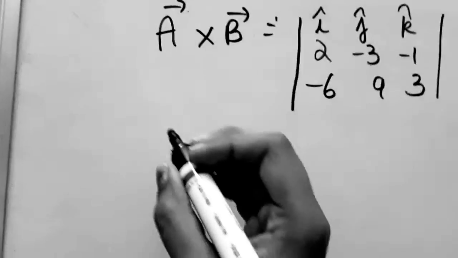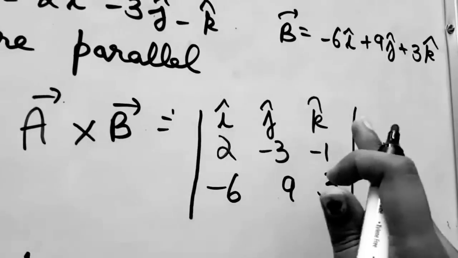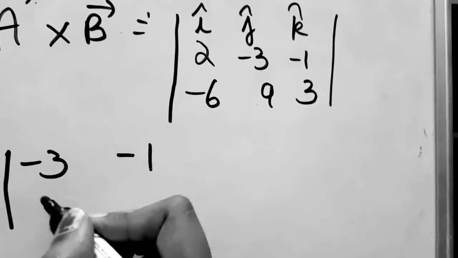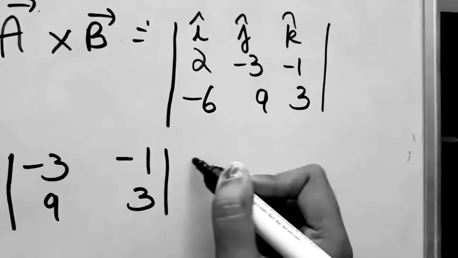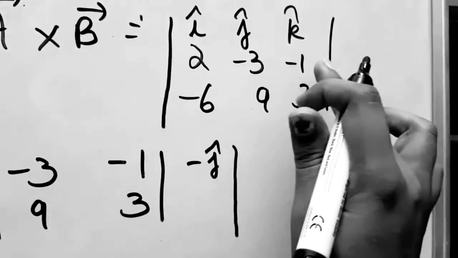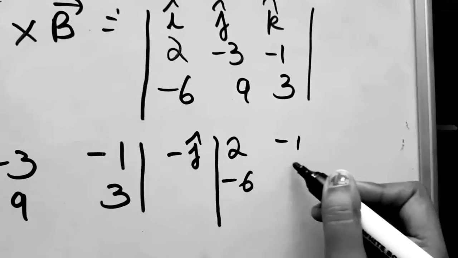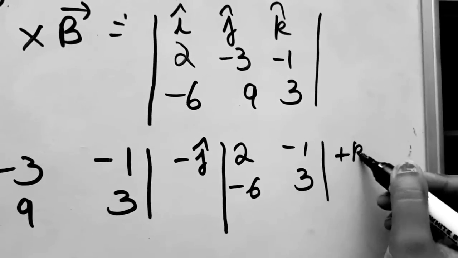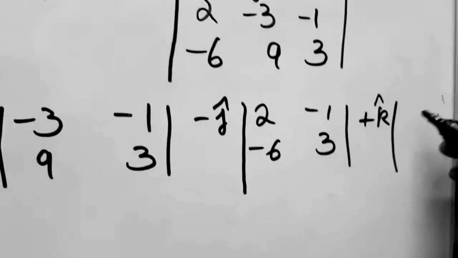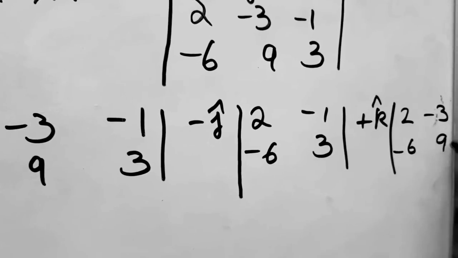Now we will solve this. We will have i cap into, leave this row, leave this column, -3, -1, 9 and 3, minus j cap into, leave this row, leave this column, we have 2, -1, -6, 3, plus k cap into, leave this row, leave this column, we have 2, -3, -6 and 9.